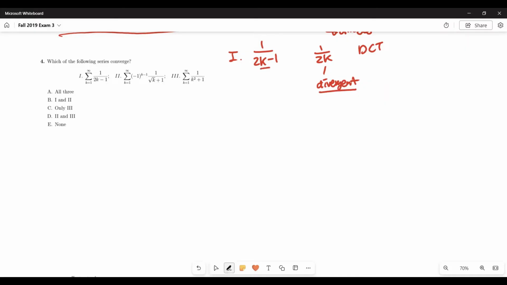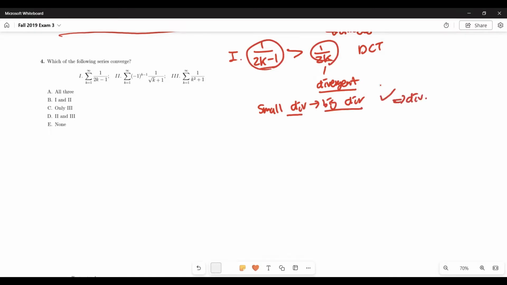And this one is bigger, right? The direct comparison test says the small one has to diverge in order to say the bigger one diverges. This is the small one, this is the bigger one. Small one diverges, so the bigger one diverges. So it is divergent. So 1 is not right.